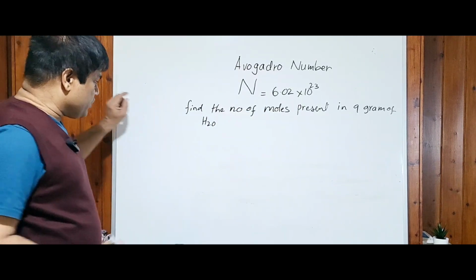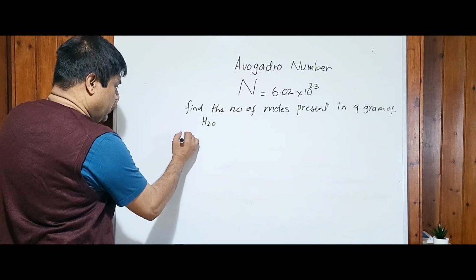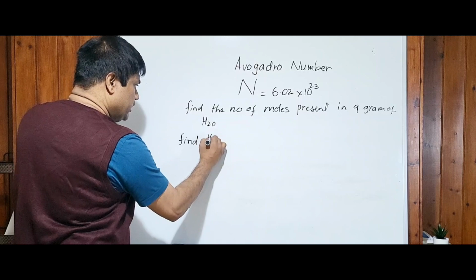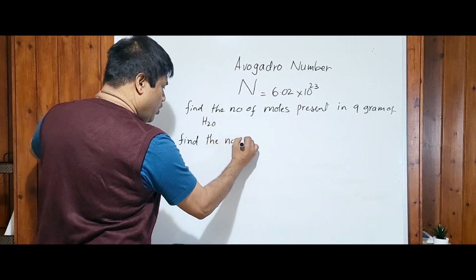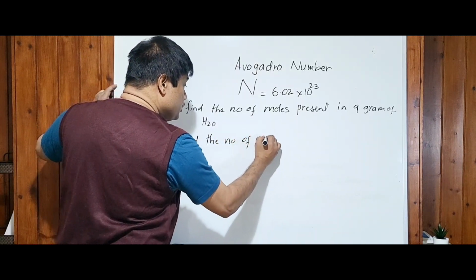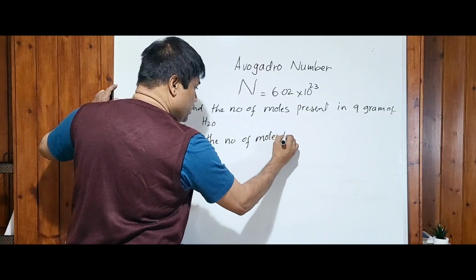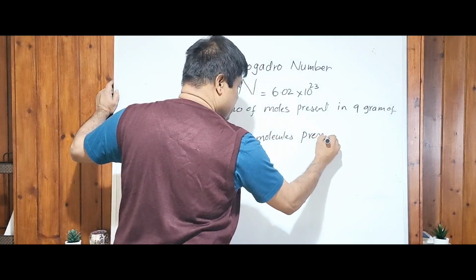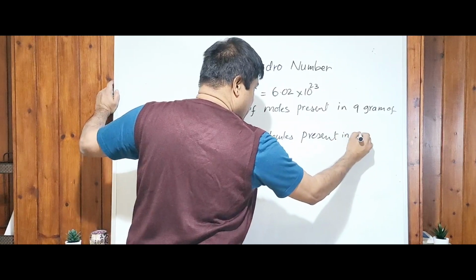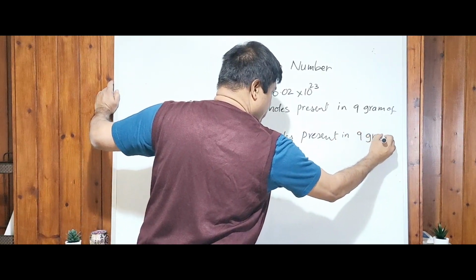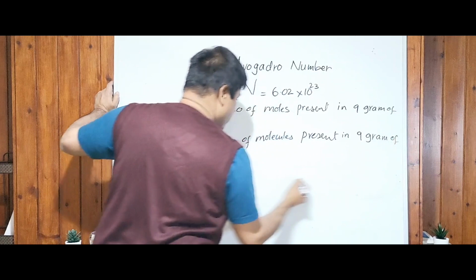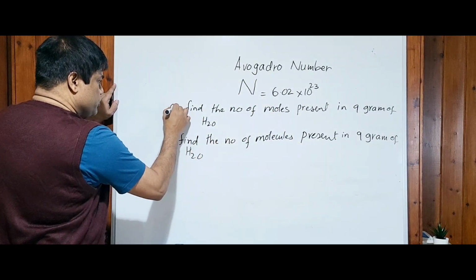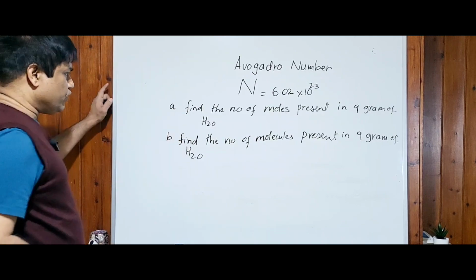And this question, I want to just twist. Find the number of molecules present in 9 gram of H2O. How to figure out? Suppose this is A, this is B, how to work out?